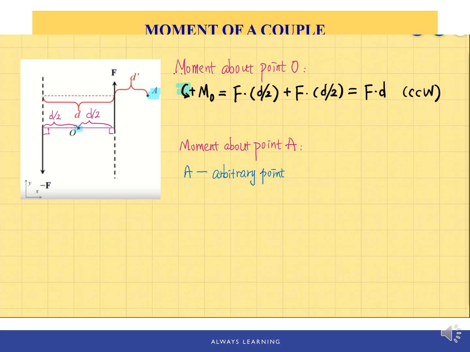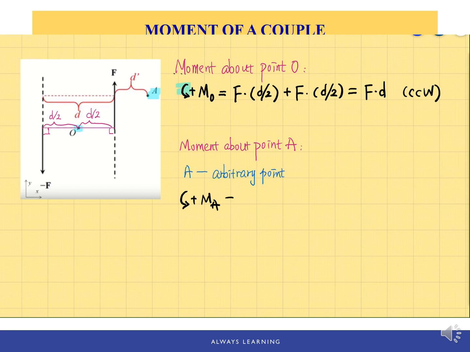A can be closer to the couple, or further from the couple, or it can be between the two forces. So it can be any point. We're going to use this letter d prime to describe the distance from A to the force F. And similarly, we say counterclockwise rotation is positive, and we're calculating the moment about point A.